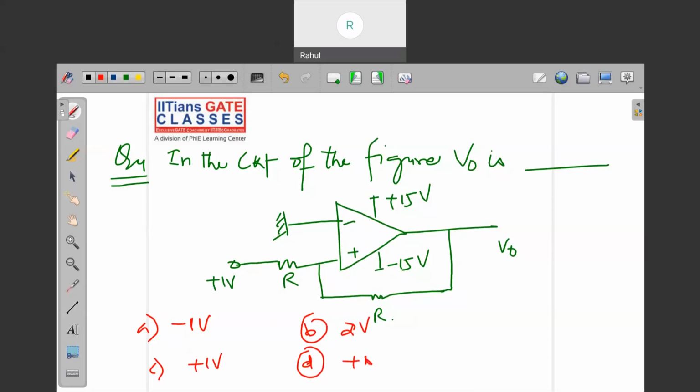Option A will not be correct here, and option C will not be correct. This is a very good question, and it was asked in GATE 2000. Nowadays they are framing questions based on these problems. If you solve questions very carefully, you can tackle any problem.